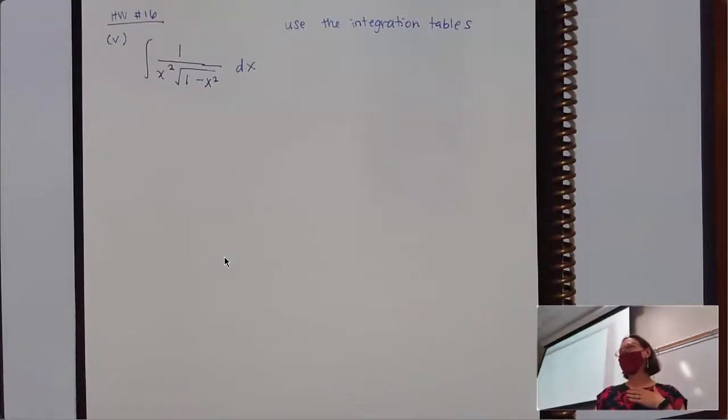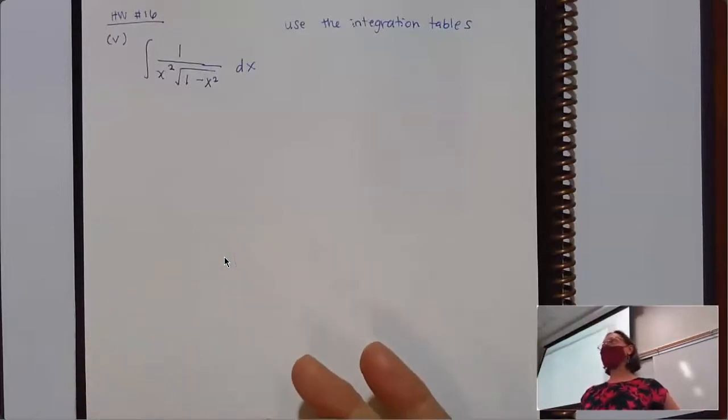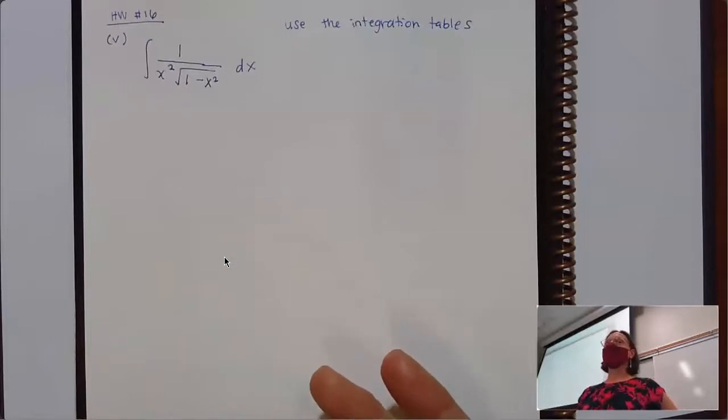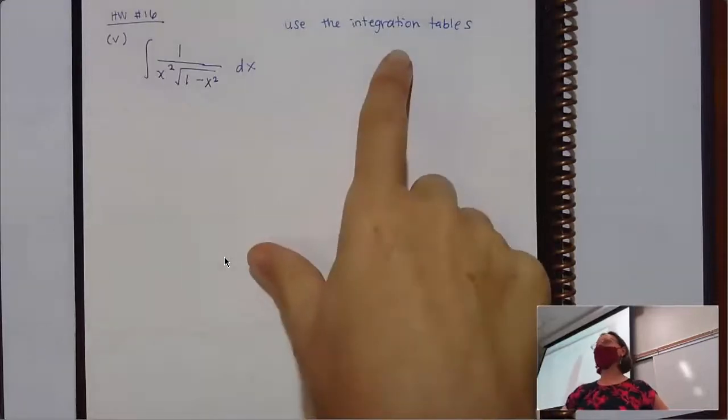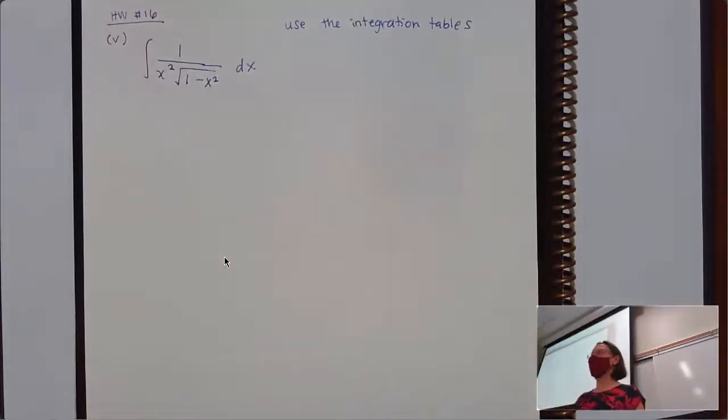I have a technique to get through it without using the integration tables, not using a technique that's in our textbook though. So I think with this, it's possible that integration by parts would get us somewhere, but we don't have to worry about that because the instructions on the problem specifically were go straight to those integration tables, right?